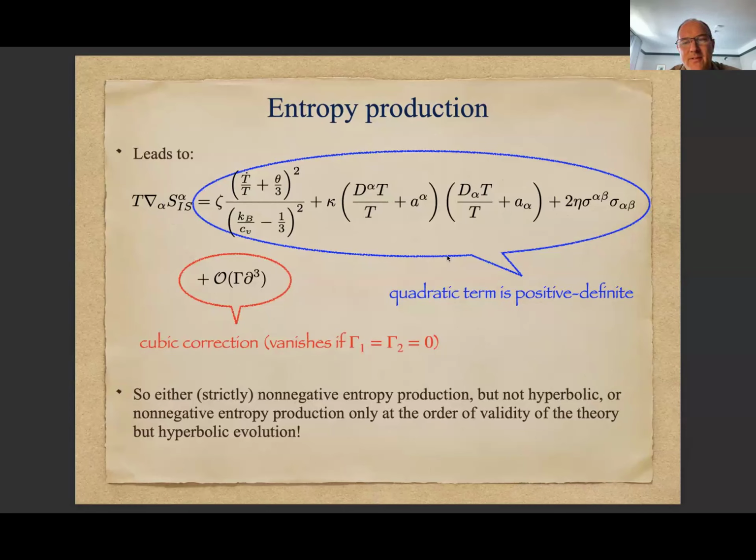But it turns out you cannot have it both ways. If you put gamma 1, gamma 2 equals 0, your system is not hyperbolic. If you want your system to be hyperbolic, you need to choose this differently. Then you will have this cubic term, so your entropy production will not be exactly non-negative. However, up to the validity of your theory, given by this term, up to this order, you are okay.